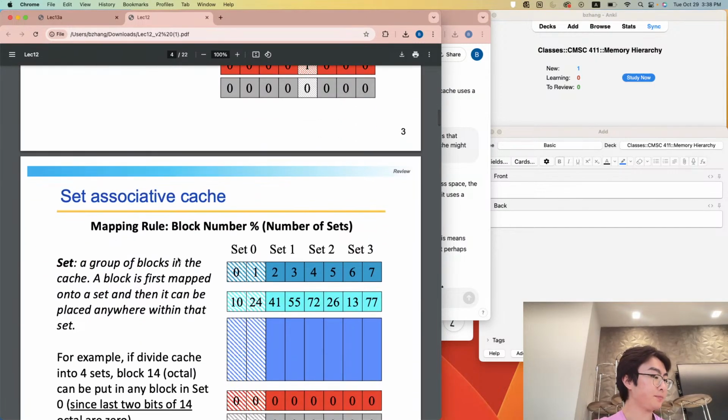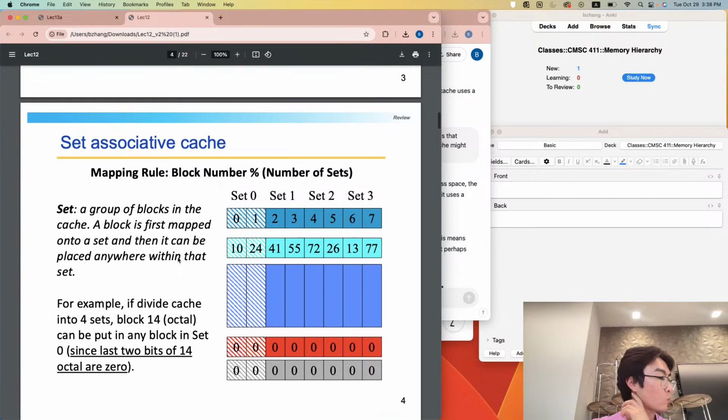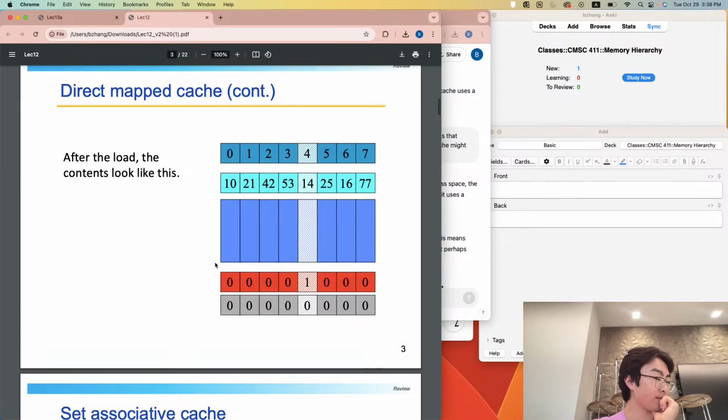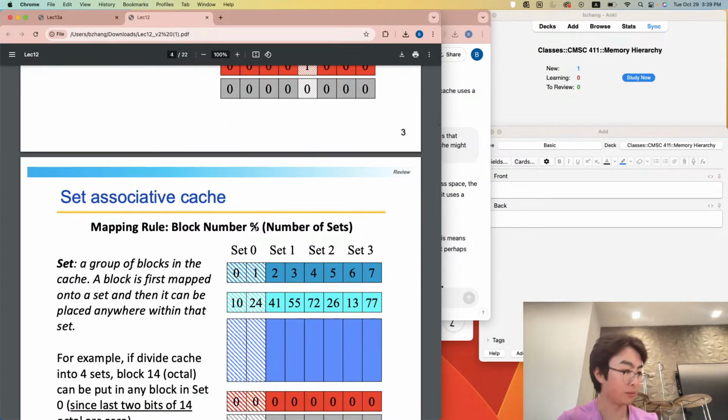Right. Number of sets is equal to the number of blocks.